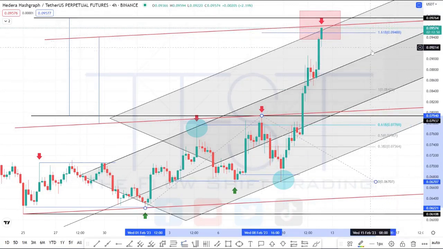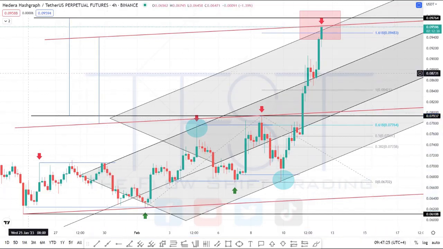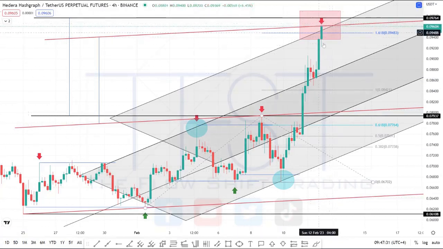And we can see price is already at the 161.8% ratio of our pitchfork. So meaning to say, this is a good place to look for a potential reversal. And now, there, our line has been touched. And we really like that.